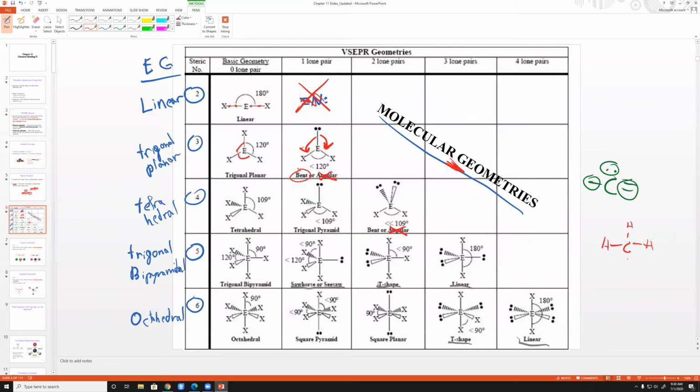Professor? Yes. Is there any way you could change the color of your cursor? Yes. What color? Any color that's not white. It's red for me. The cursor itself is white, you're drawing red. Is it black now?